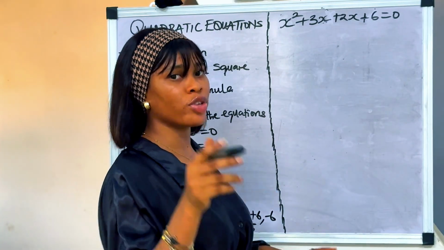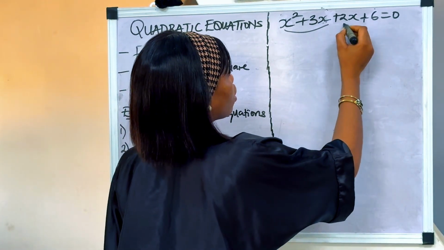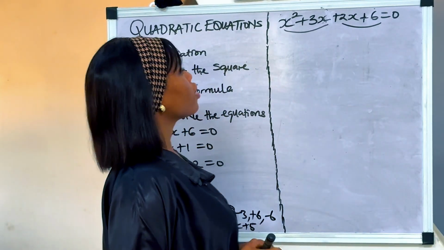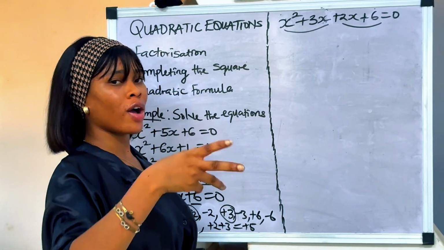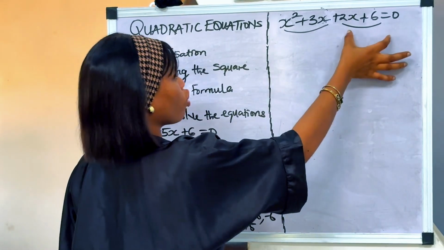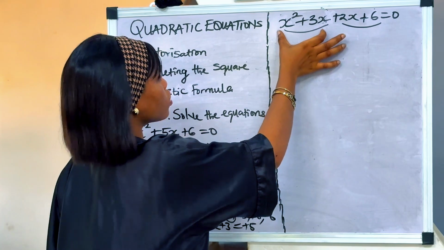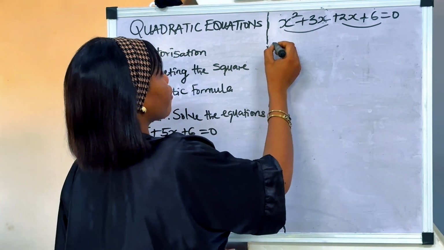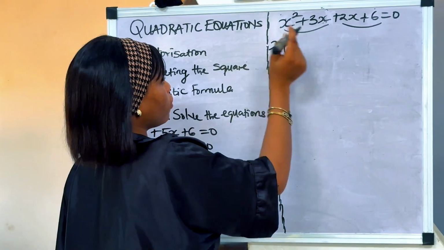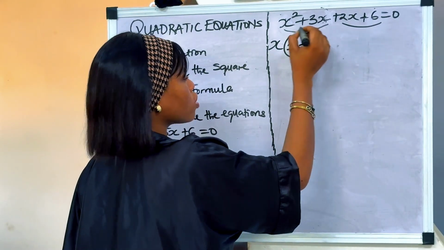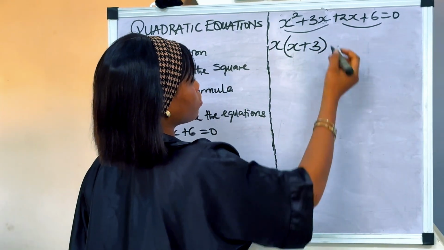Now the next thing to do is to group in 2. That is, we group this and we group this. After grouping, we try to factor out what is common to each group. What is common to this group? We have x. X is common. When we factor out x here, we have x, plus when we factor out x here, we have 3.